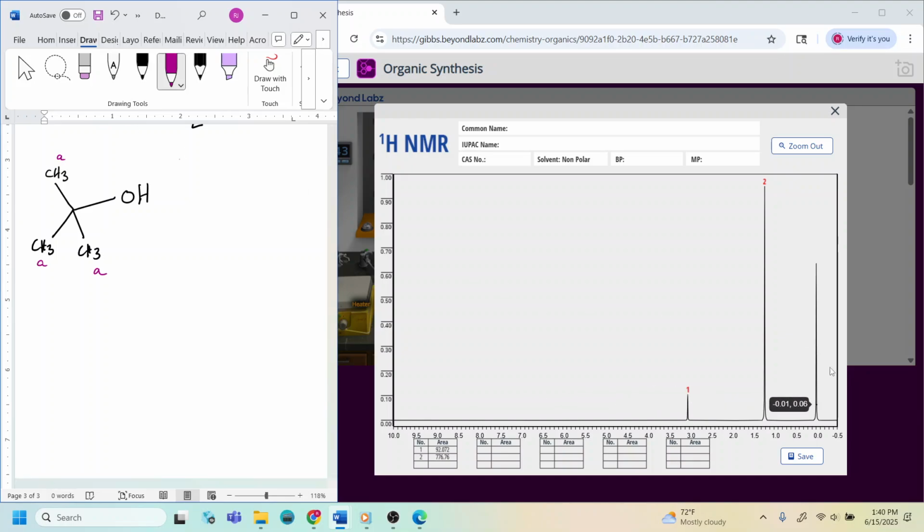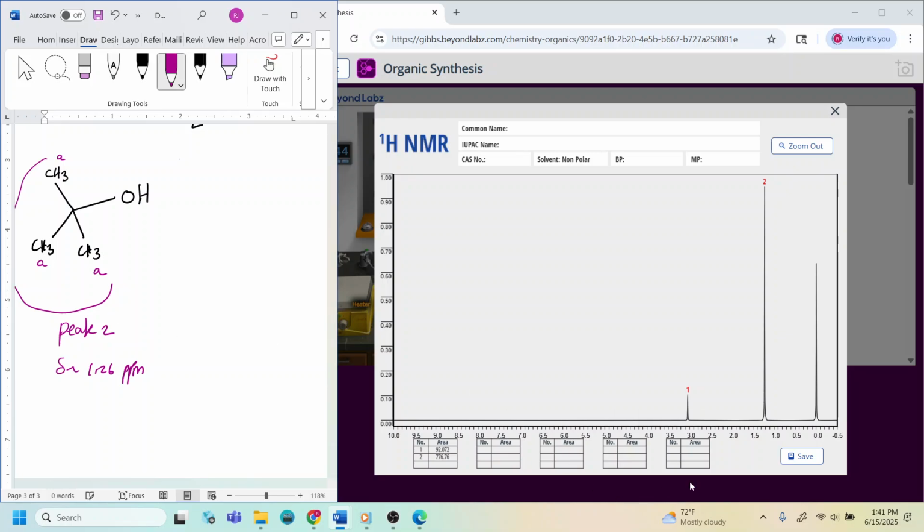Because the first signal that we always see in the proton NMR is a CH3, this is going to be peak number 2. So peak 2 corresponds to all of these CH3s that you see there. We can read the chemical shift for peak number 2 to be at 1.26 parts per million.